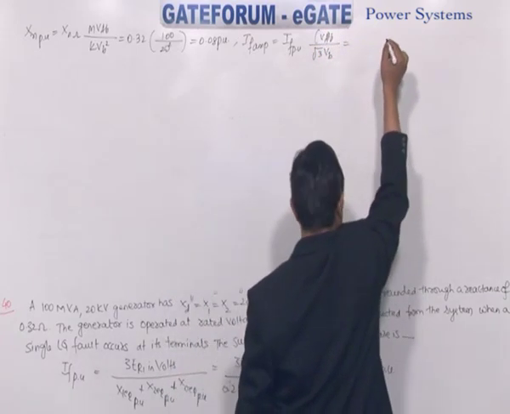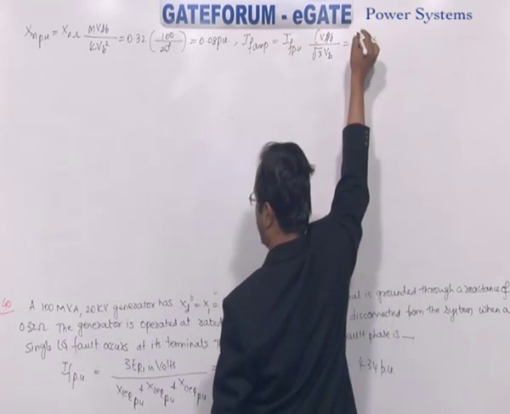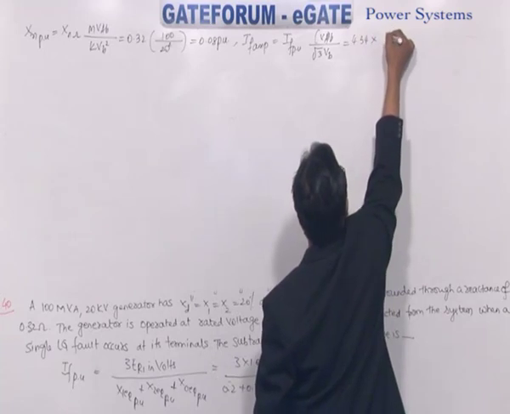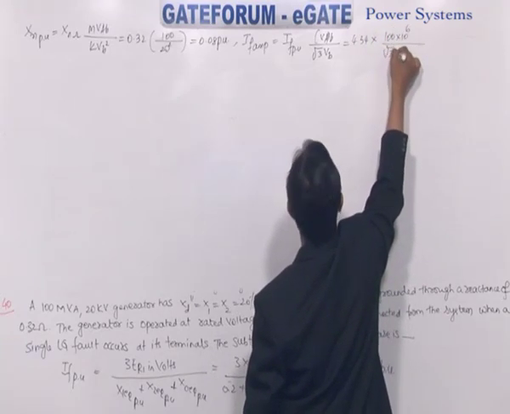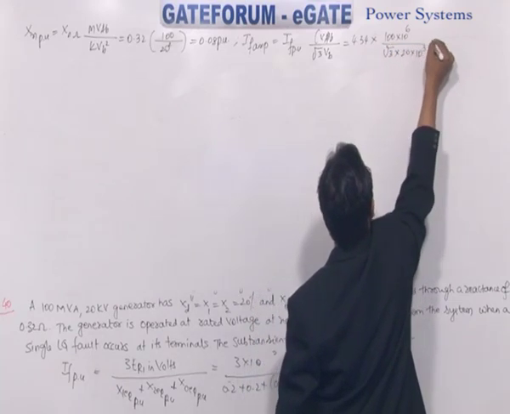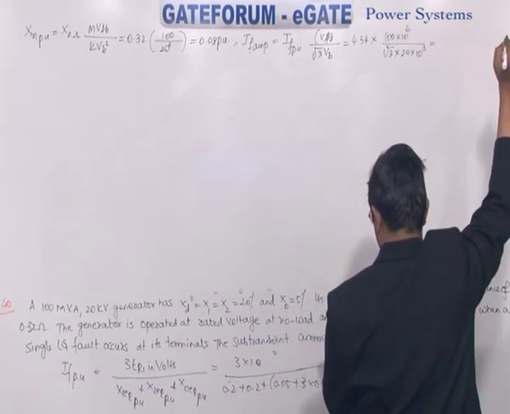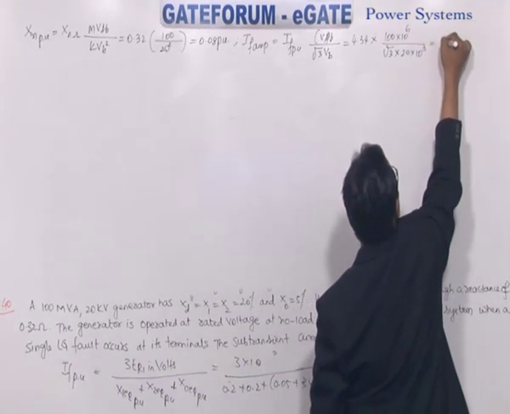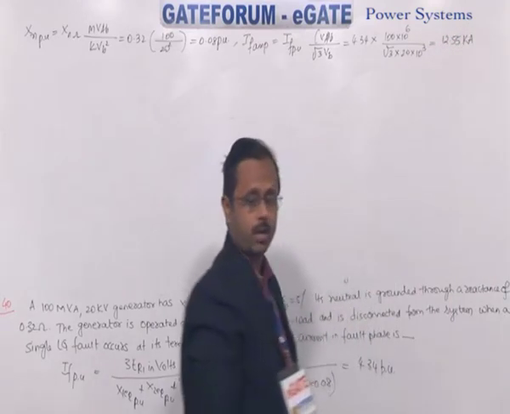The fault current in per unit is 4.34, base volt ampere is 100, and the other is 20 kV. You get the answer as 12.55 kiloamperes.